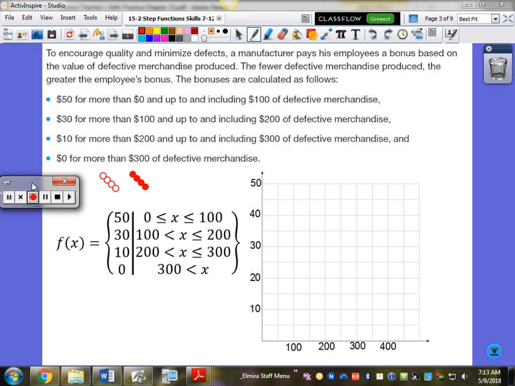So you get a bonus of $50 if you break 0 to 100. So $50 goes here. The result will be 50 for 0 up to and including. So up to and including is why there's an equal bar under the inequality sign for 100.